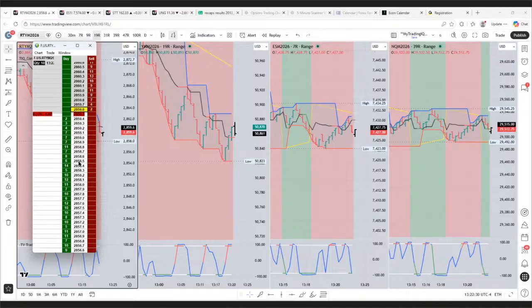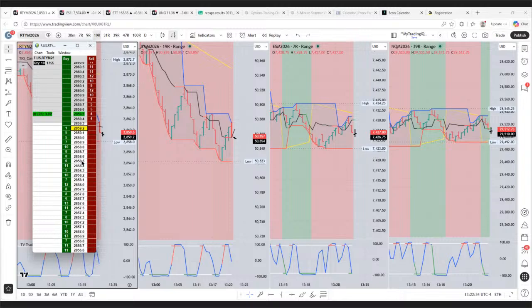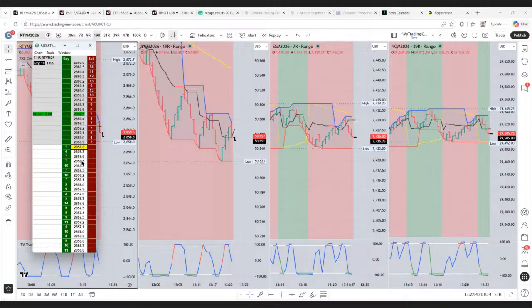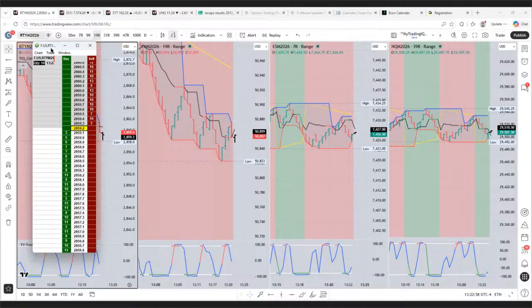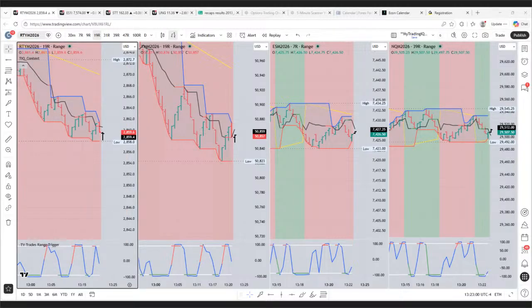Need that to get down here to 8.5. There it is. And we're at 5 more ticks on the Russell.